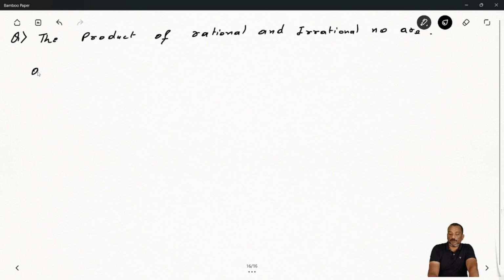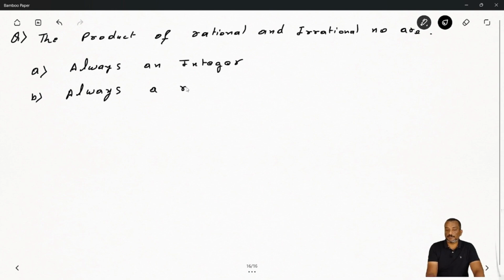Option A: always an integer. Option B: always a rational number. Option C: always an irrational number.